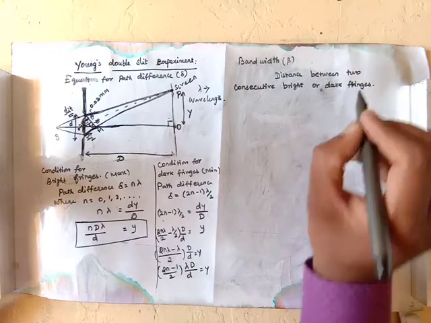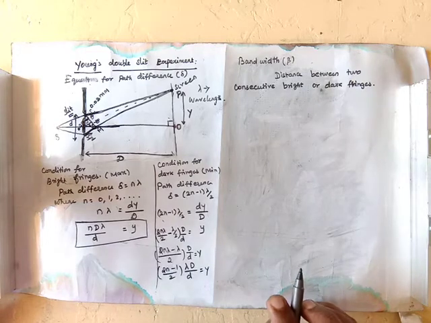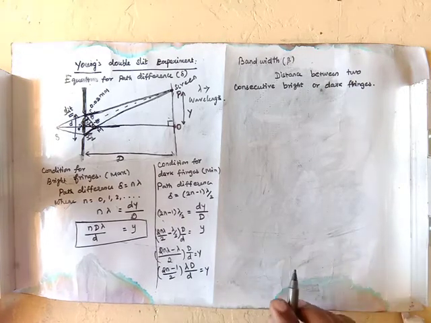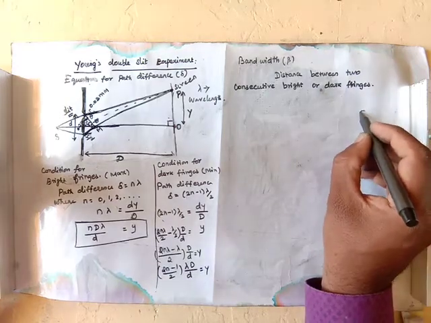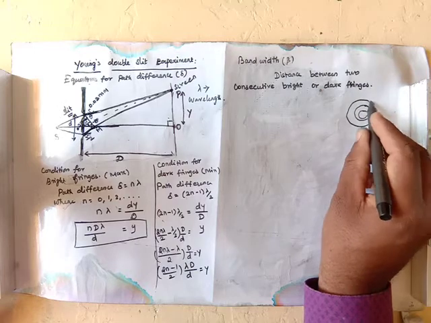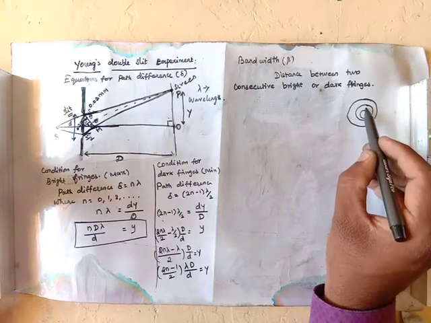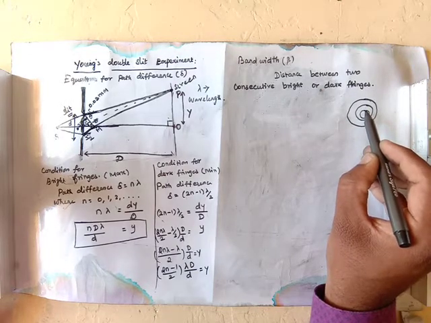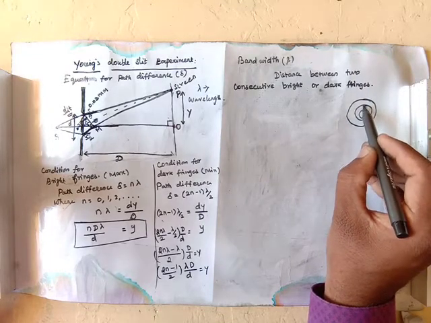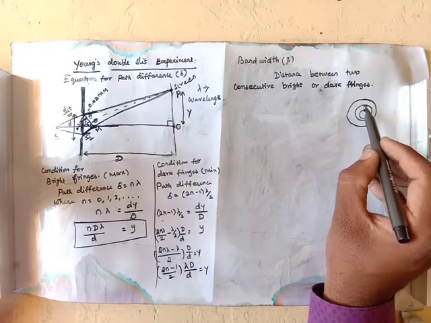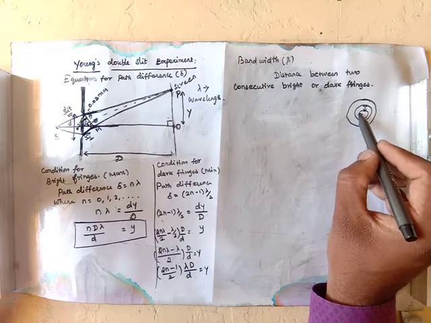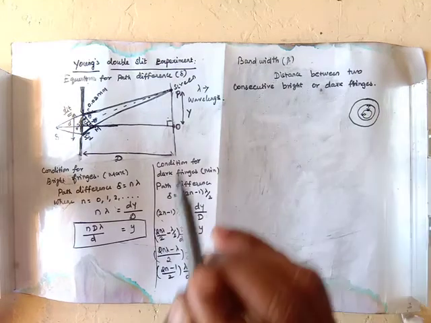You already know the meaning of consecutive. The white color is bright and the dark color is dark fringes. The distance between two consecutive dark fringes, or between two consecutive bright fringes, is the bandwidth.